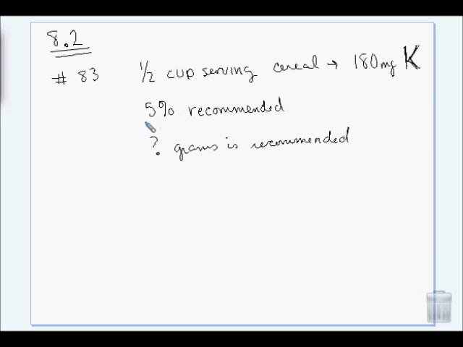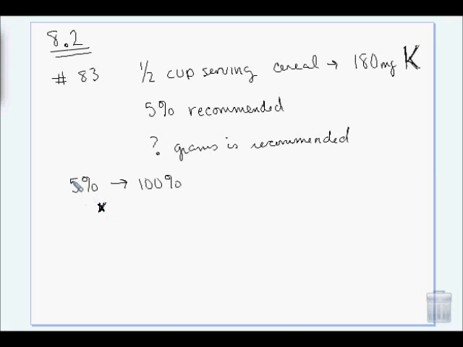Okay, so if I want to say, the daily recommended allowance, that's 100%, right? Do you guys agree? 100%? That's the full amount. So I want to know, to turn 5% into 100%, what do I multiply by?